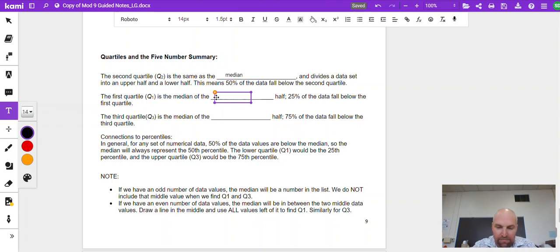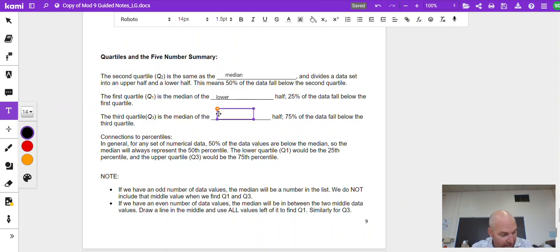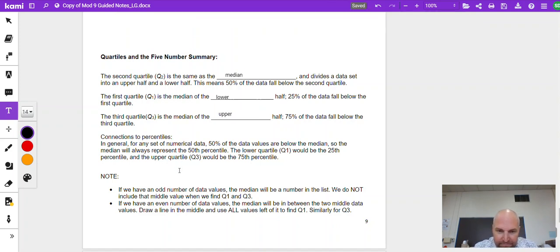Quartile 1 is the median of the lower half of your data. Quartile 3 is the median of the upper half. And we don't have to worry too much about how to calculate it. It's real easy.